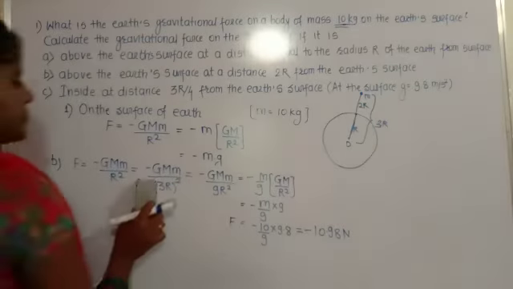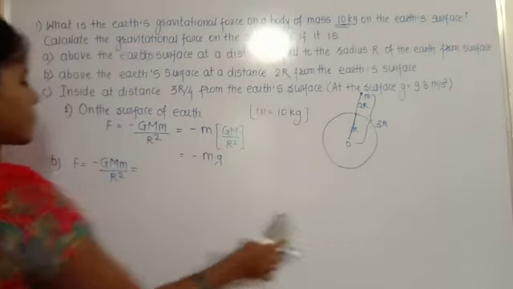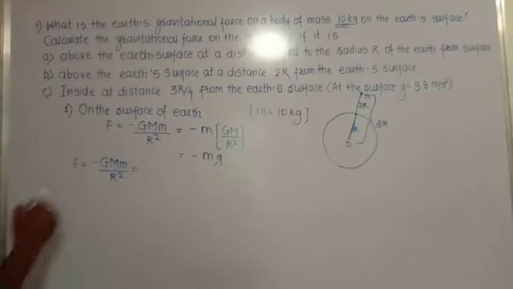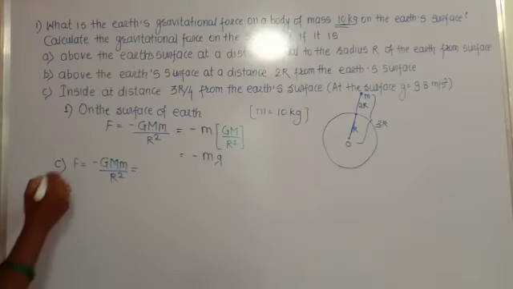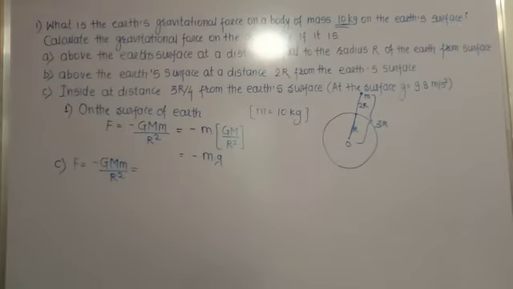So this is for the third term, that is C. We have the formula F equals minus G capital M small m divided by R square, and the distance is 3R by 4 inside the earth surface.